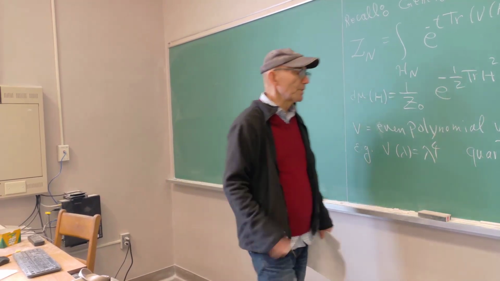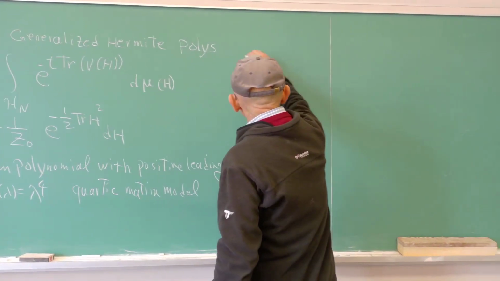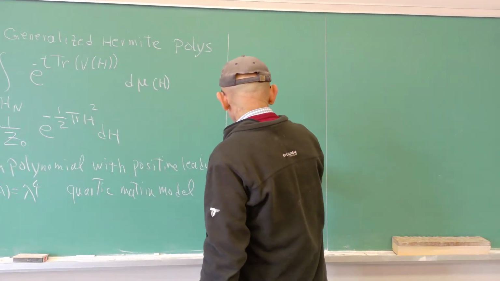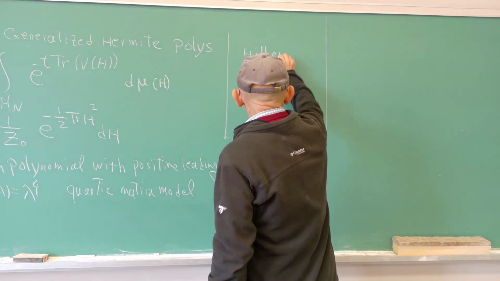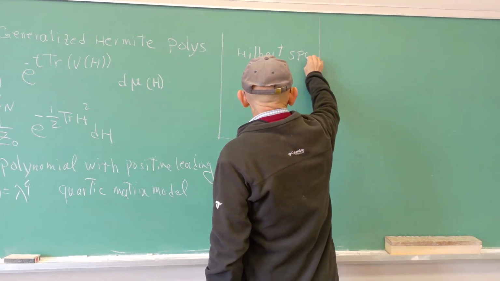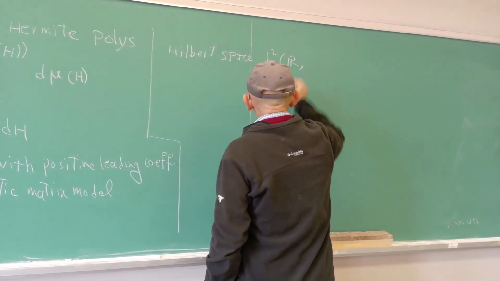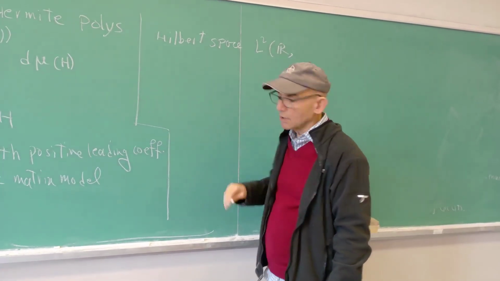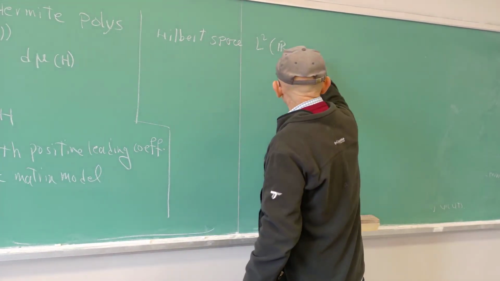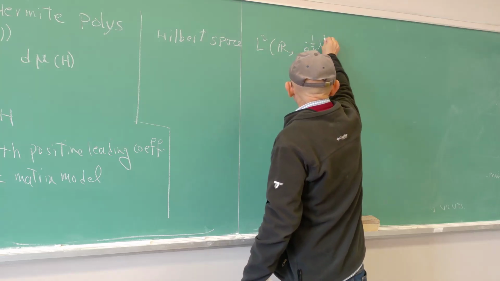Okay, so first of all, there is a Hilbert space, L2 of R, and the measure that we take here is the exponential of minus 1/2 lambda squared.